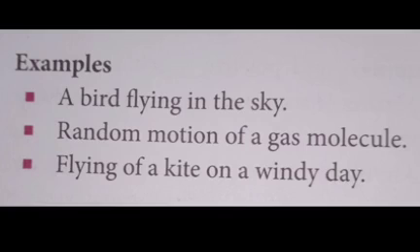A bird flying in the sky is an example of 3 dimensions. The random motion of gas molecules. We know the random motion, the zigzag path of motion, is called random motion. Inside the gas, all the molecules move like that. And also the flying of a kite on a windy day, because the kite will move anywhere due to the air. So these are some examples of 3 dimensions.